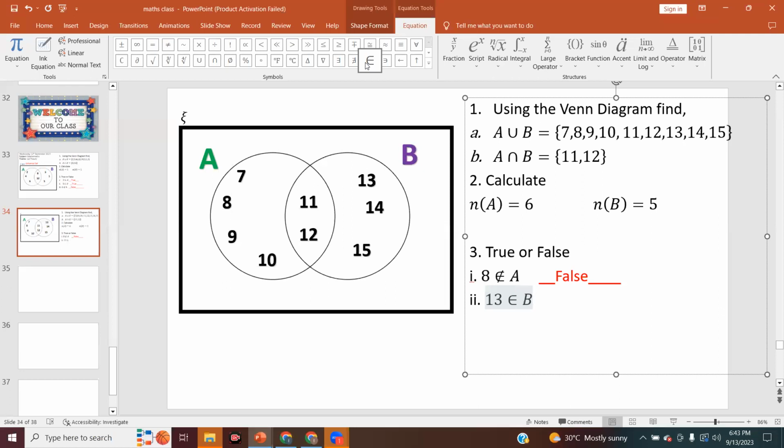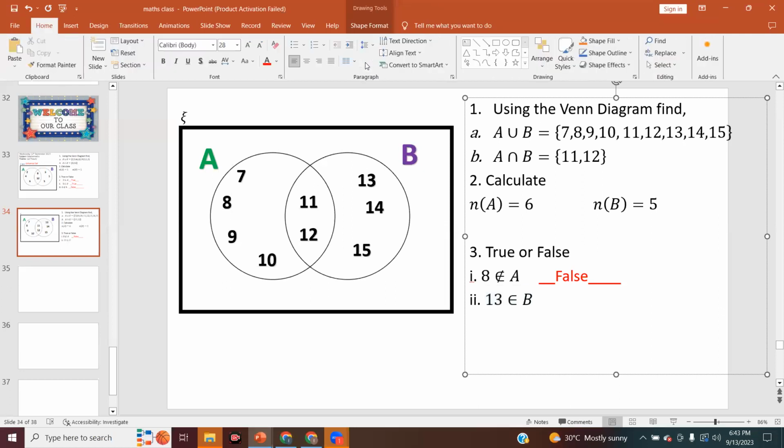Is it true or is it false? 13 is an element of B.